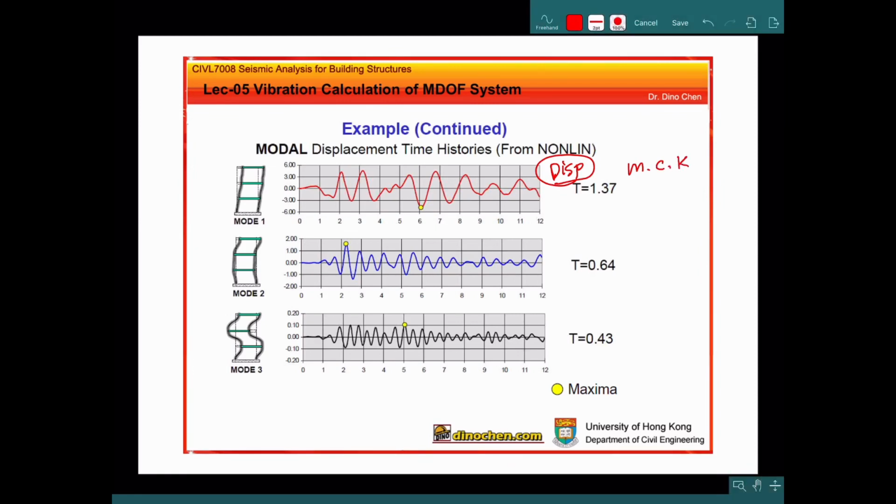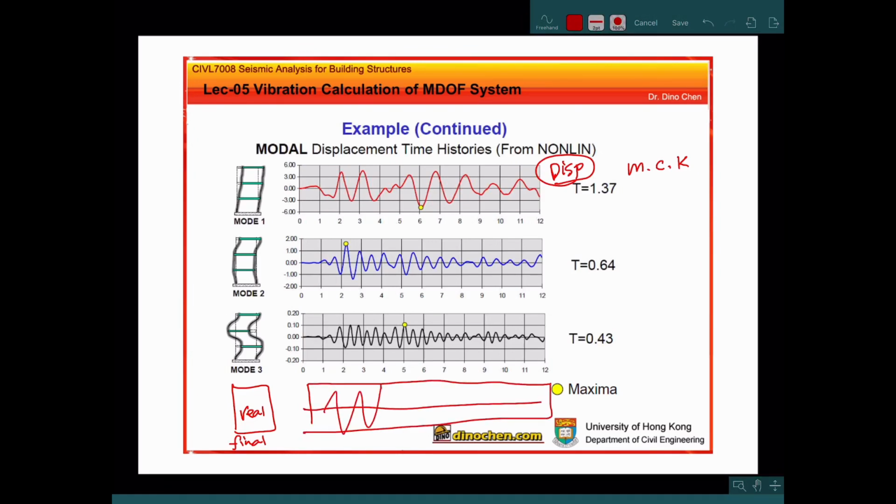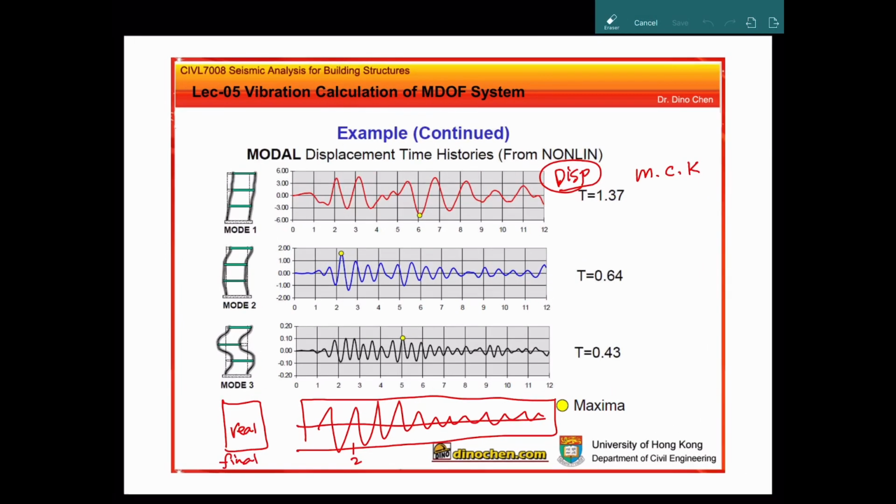So if we need to know the result for each time step for the final result, we have mode 1, mode 2, mode 3, and the fourth one is the real structure's final result, like a curve. For example, we need to know the result at 2 seconds. So we need to capture every single result at 2 seconds.